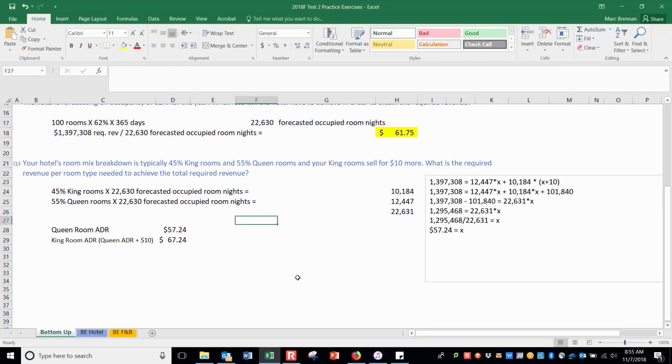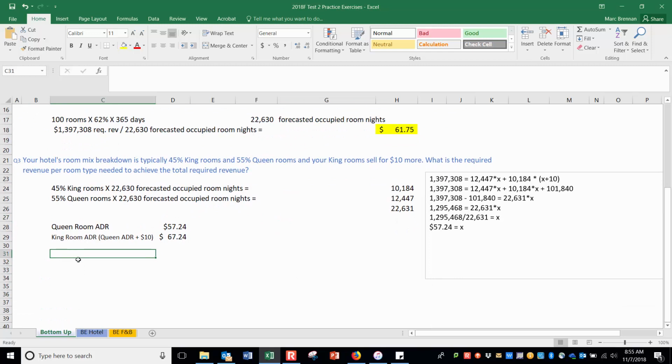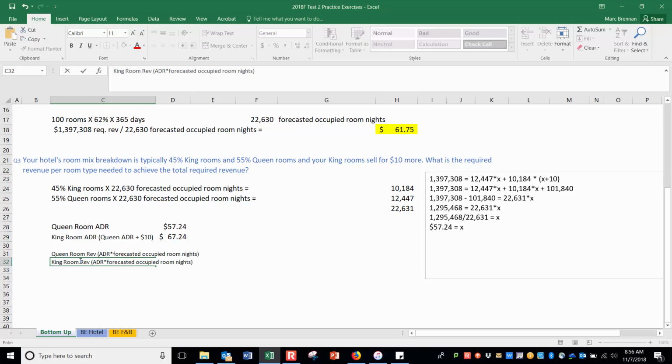The last thing we can do is always check our work. Our queen room revenue is going to be our ADR times our forecasted occupied room nights. And we can find our king room revenue, which is our ADR for king rooms times forecasted occupied room nights for that room type.